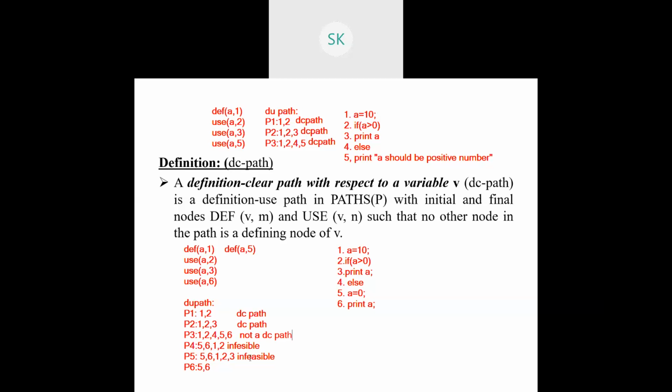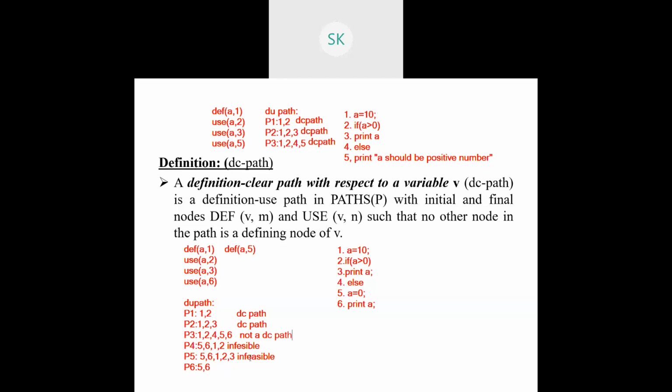Whenever definition clear happens with respect to data flow testing, then that path should be considered, and that will give you reliable output. Understand? We will not design any test cases. We will just see whether the path is definition clear or not. If it is definition clear, that is, if it is defined one time and I use it n number of times, it means there is no problem at all in that particular code.